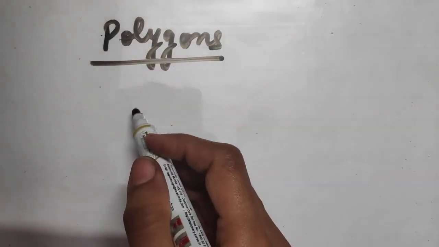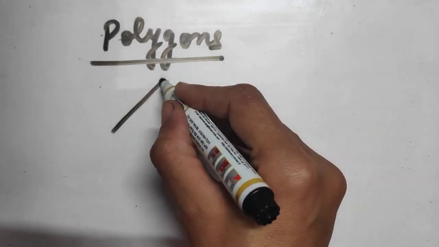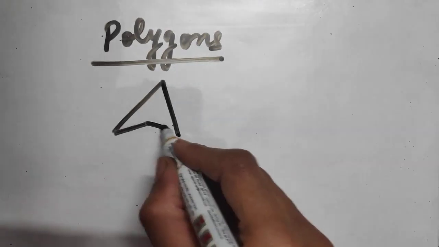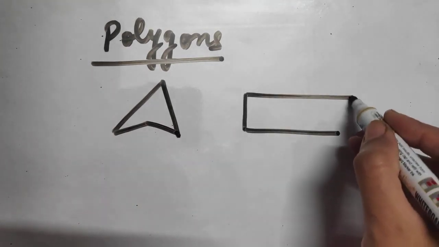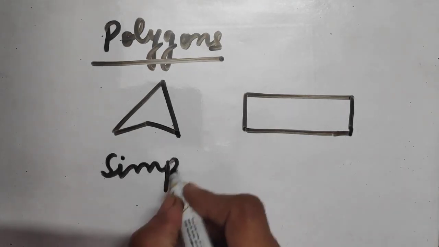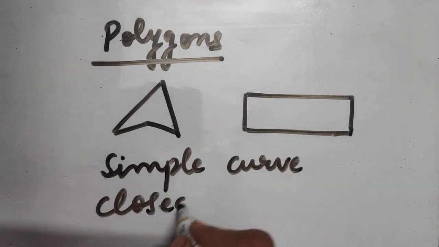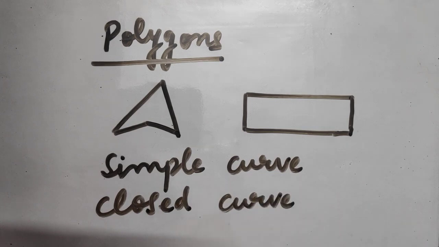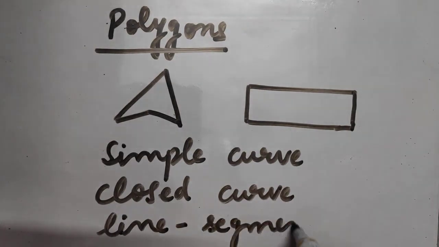So the figures or the curves that are polygons can be like this. It can be like this. I will be speaking the definition of polygons again. Firstly, it should be a simple curve. It should be a closed curve, and it should be made of line segments. These three points you need to check to find out whether the given figure is a polygon or not.